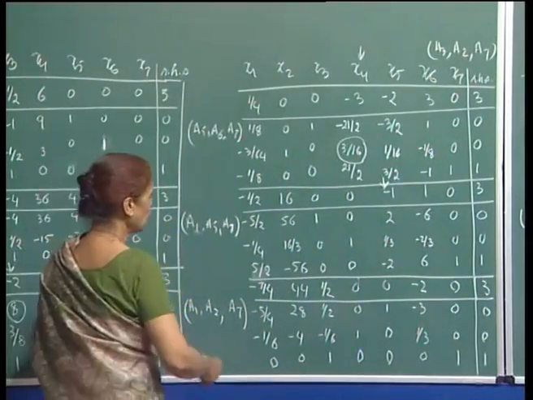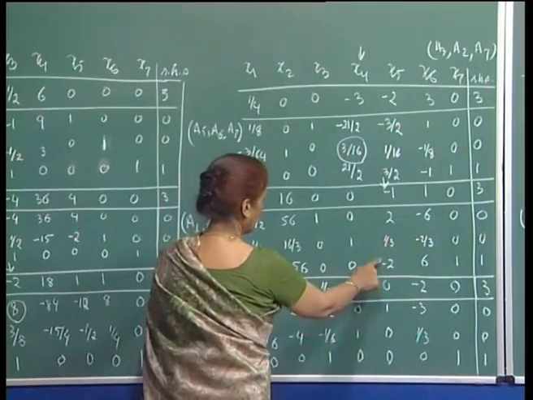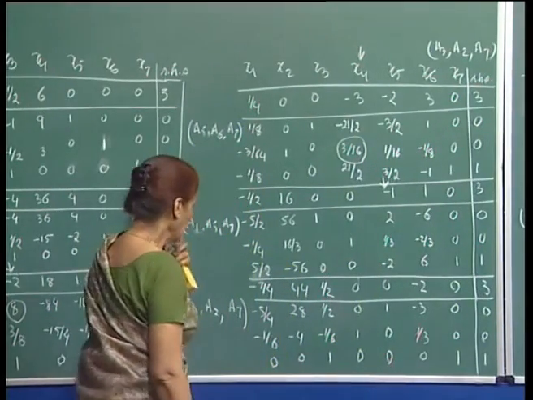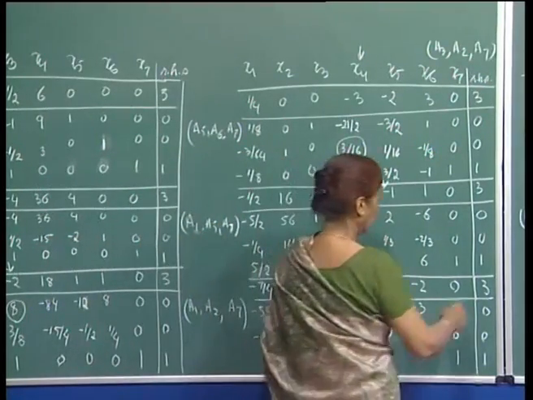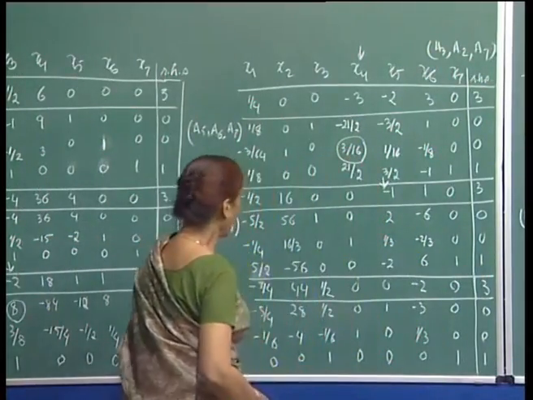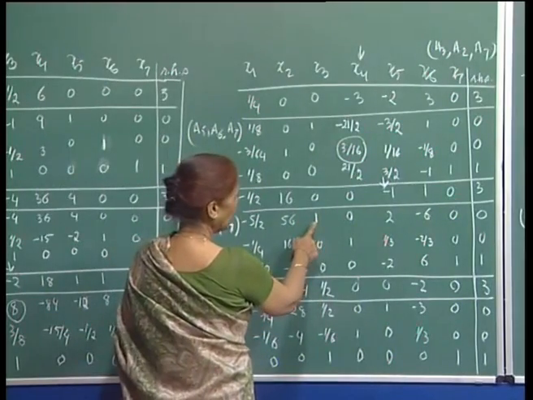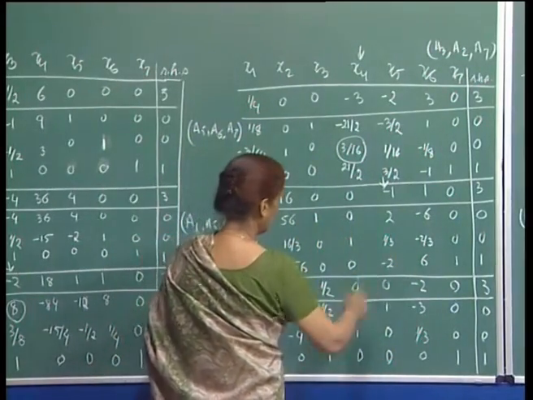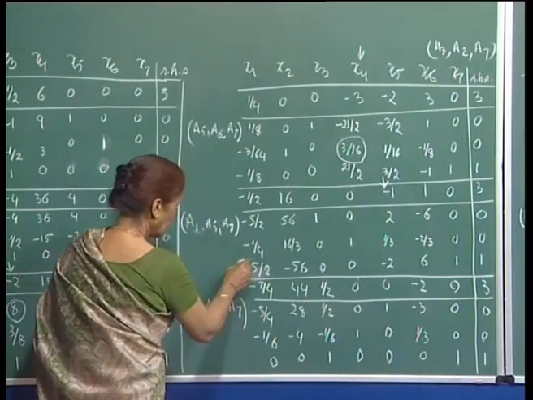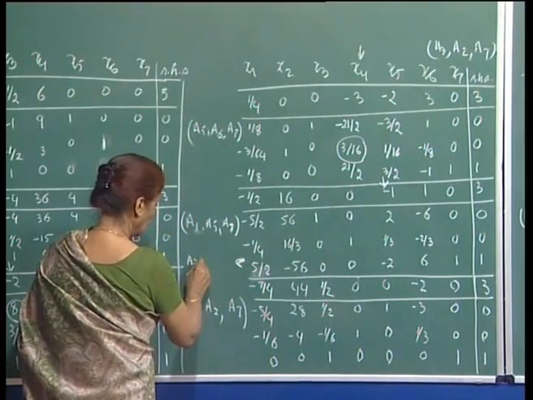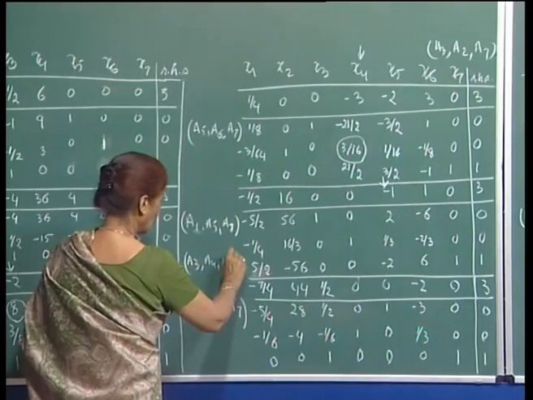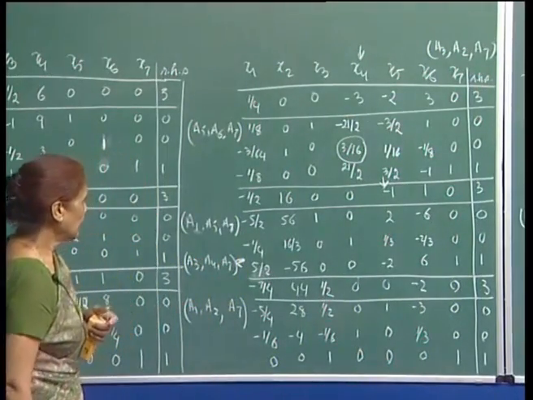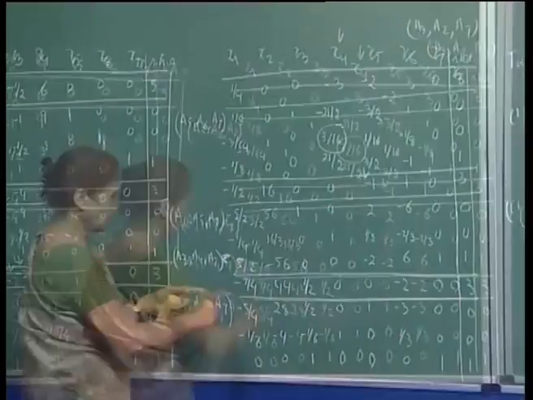So pivoting on this, I get this, and the corresponding basis here is now A3, A4 and A7. So maybe I can write this way: A3, A4 and A7. So this is your new basis.